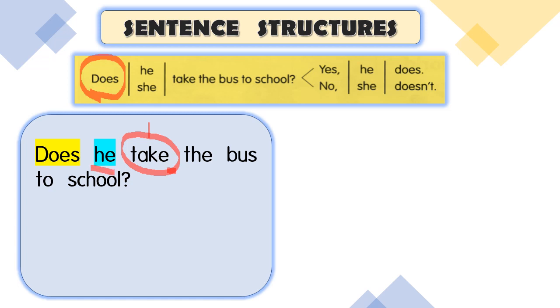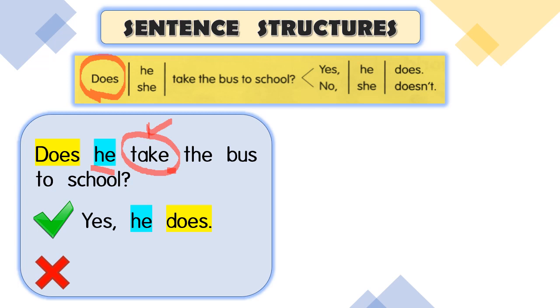When we ask a question, we use the root word. Does he take the bus to school? If yes, the answer will be yes, he does. But if he doesn't, we say no, he doesn't.